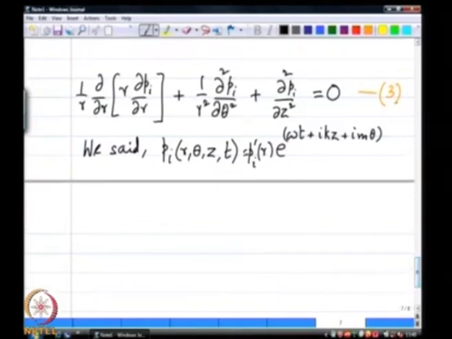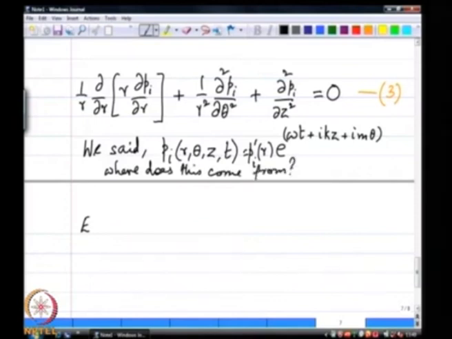If I look at equation 3, we want to answer where this comes from. In the previous analysis I showed this to you as though it was an assumption, but I want to show you that it is really not an assumption, that there is a fairly simple procedure to obtain it.